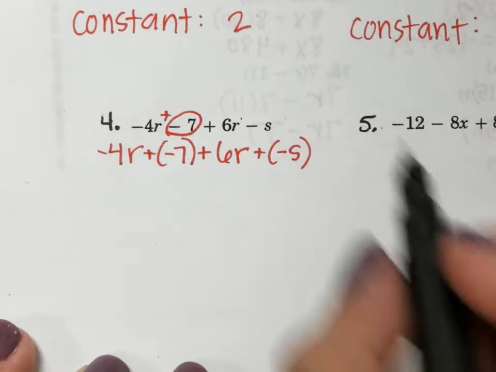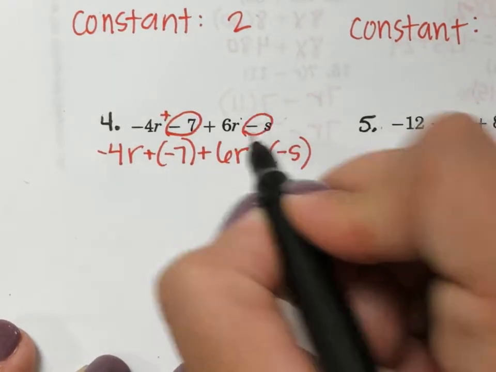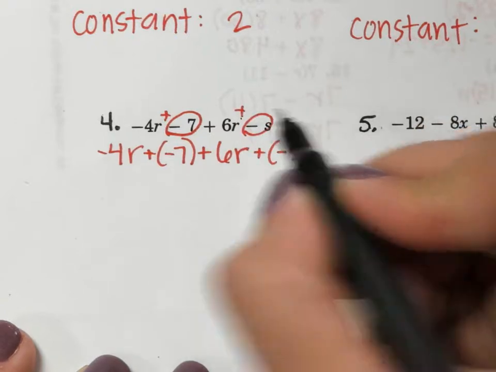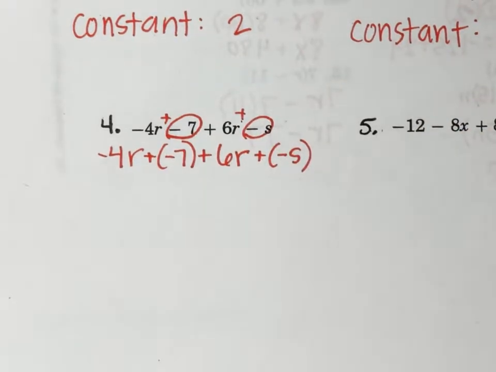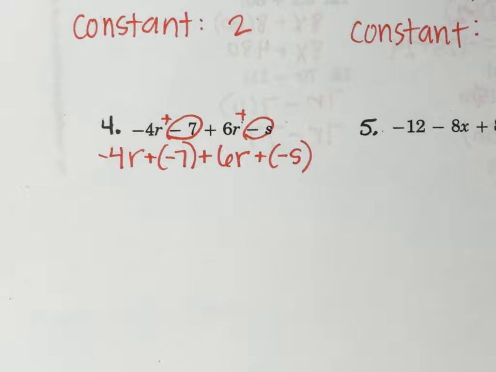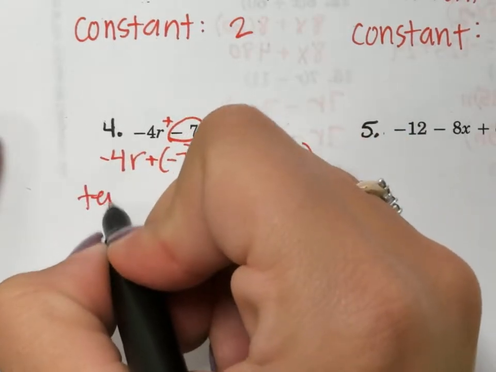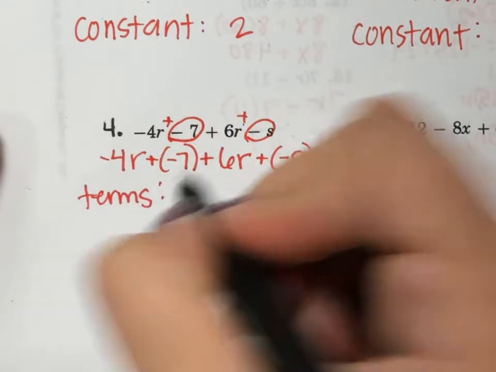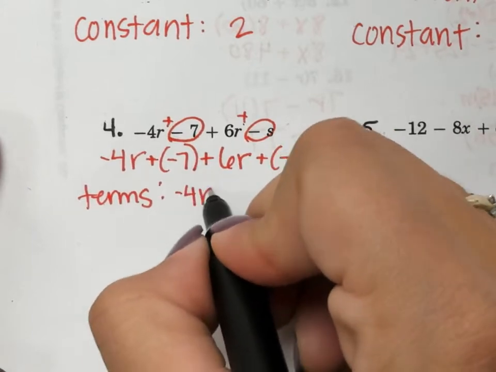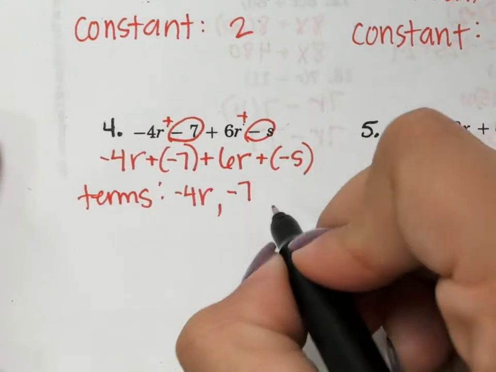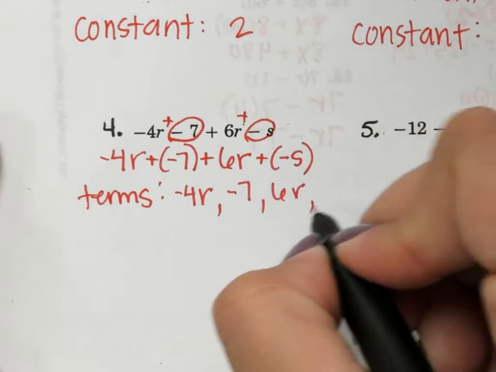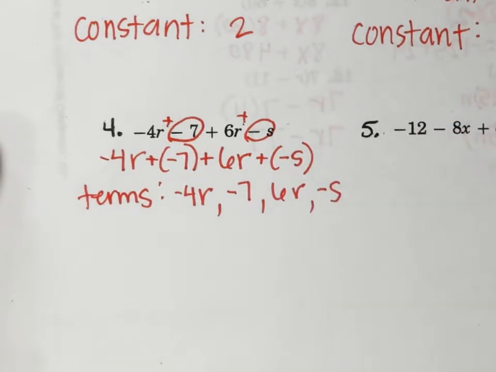Same with my negative S. So my terms here are negative 4R, negative 7, 6R, and negative S.